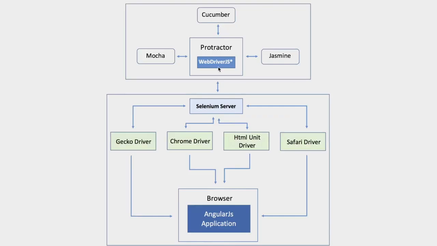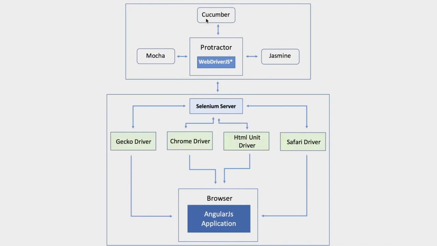You can see we have WebDriver JS, which is an implementation of Selenium in JavaScript, and this interacts with the browser or browser elements. And then Protractor is a wrapper over this WebDriver JS, and it has some more functionality so that it can handle AngularJS elements. We will discuss more on AngularJS elements later in this series.